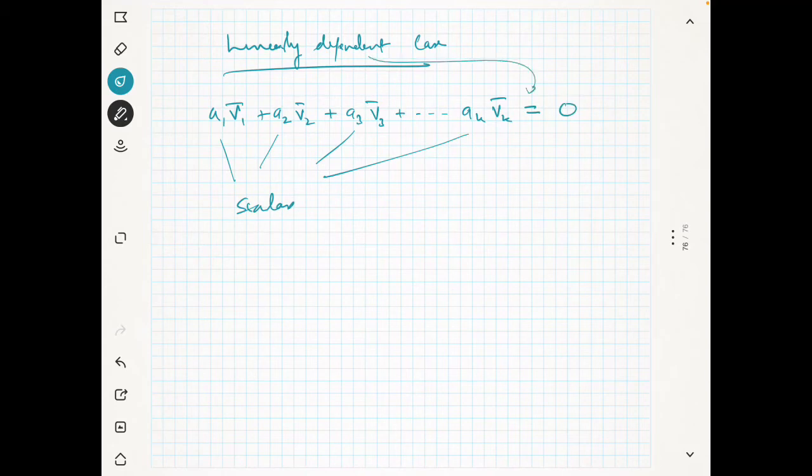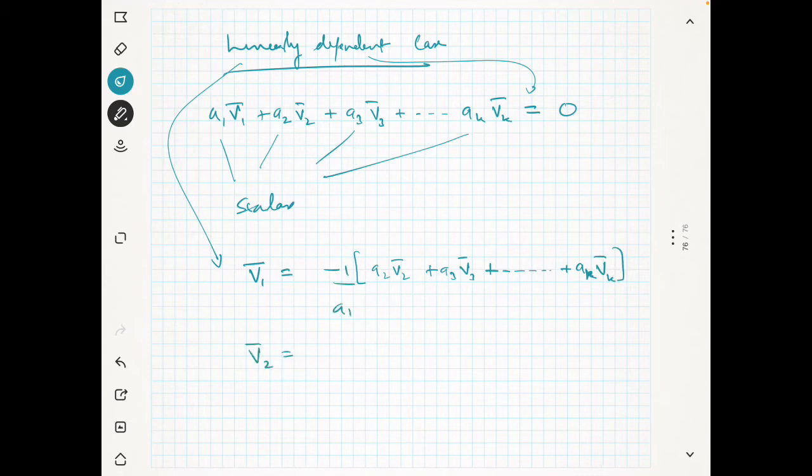Then, if I want to write v1, I can write v1 as minus of a2 into v2 plus a3 into v3 and so on, plus ak into vk, and I can divide it by a1. Similarly, I can write v2 as 1 by a2 into a1 v1 plus a3 v3 and so on, ak vk.